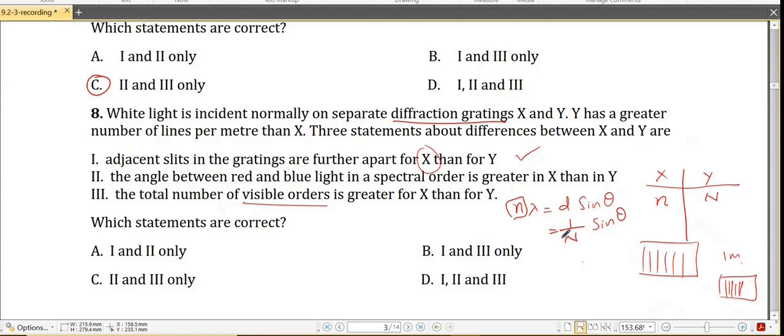Because we have less number of lines in X, that is small n, therefore the number of visible orders for X will be greater, which is telling me that the answer is C. So two things: it's further apart because it has less number of lines, and when the number of lines is less, the number of orders that are visible will be more.